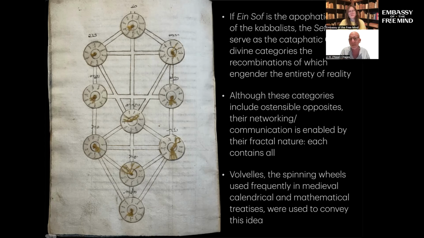Sometimes the more emotive term, fear, is used, or judgment. How do they communicate? Well, the answer was that all 10 sfirot are fractal insofar as each contains all, so that within chesed, within love, is also judgment, and within judgment is also love.